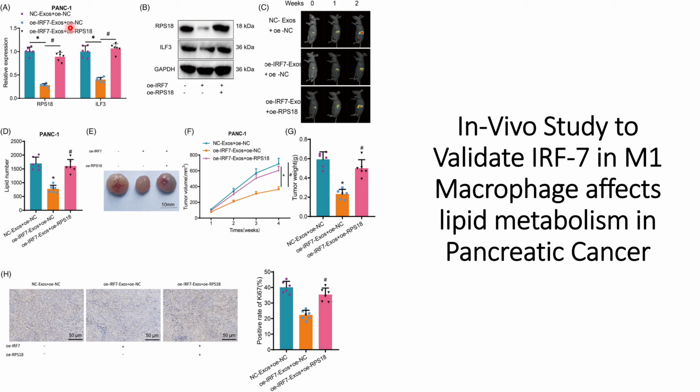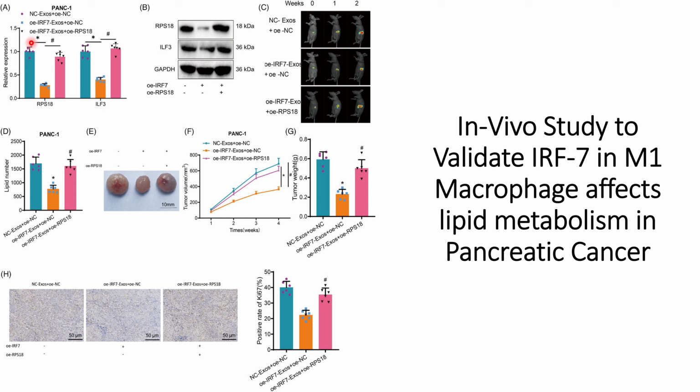At the same time, they use for the second condition the overexpression negative control, where nothing is overexpressed. Since IRF-7 is overexpressed, they expect that RPS18 will go down, and since RPS18 goes down, ILF3 will also go down. This is what they see in the second condition: RPS18 goes down compared to the negative control, and ILF3 also goes down compared to the negative control.